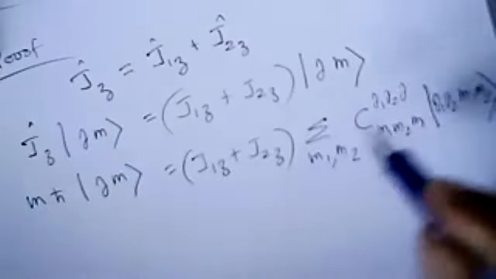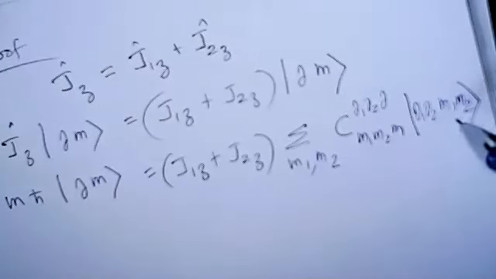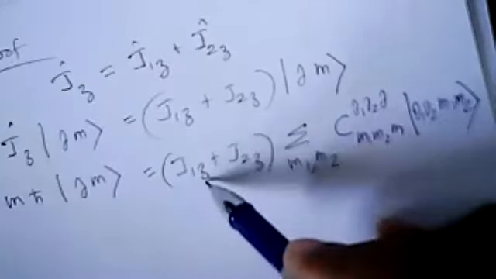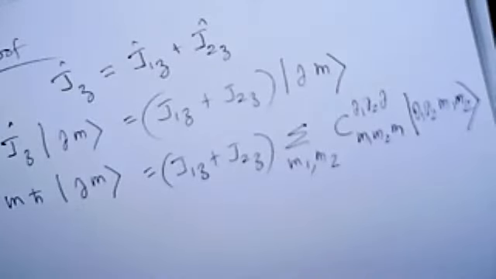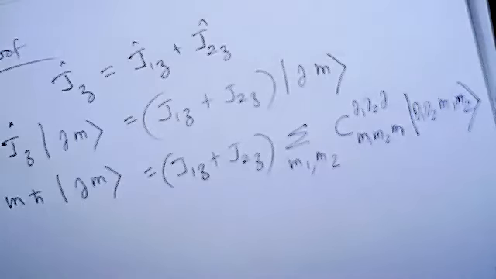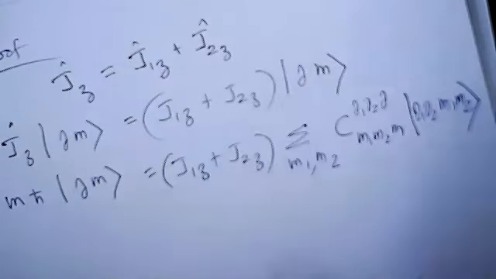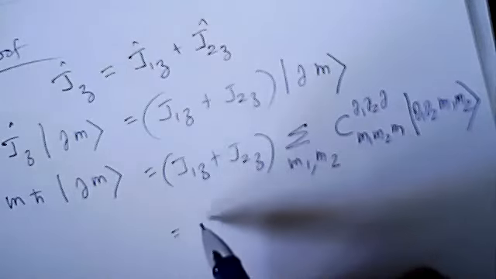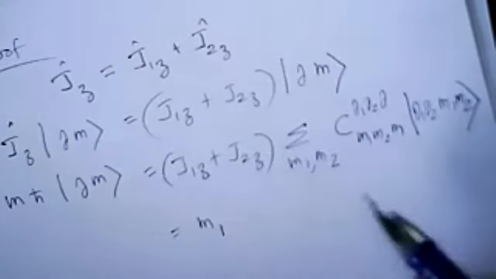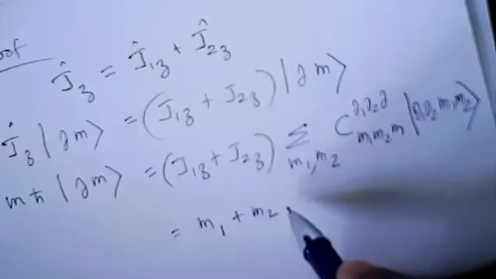So we can introduce the Clebsch-Gordon coefficient here, and write the eigenstate of J1Z and J2Z. Now these two can act on this and give the eigenvalue equations. So when these two are acting, you get M1 h cross and M2 h cross.